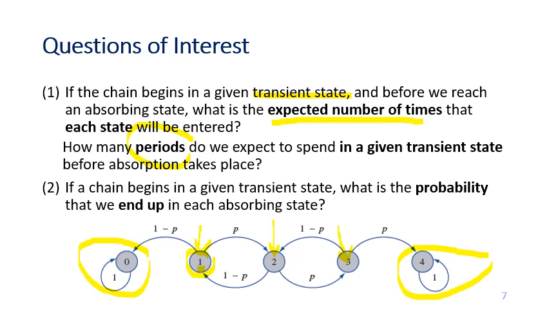So that is the second question. The key is the word probability. So the first question is related to the number of times, number of periods we will spend in a transient state. The second question is about the probability that we will end up in one of the absorbing states.